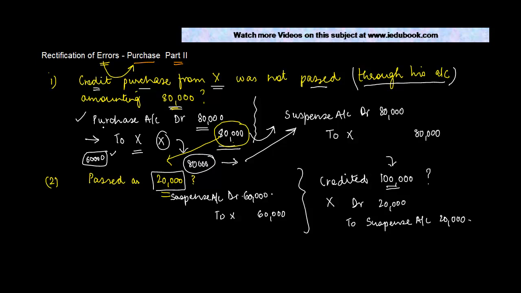Okay. Let's take a third case here. Credit purchases from X was passed through the account of Y for 80,000. So instead of crediting X, we credited Y, and that too by 80,000.